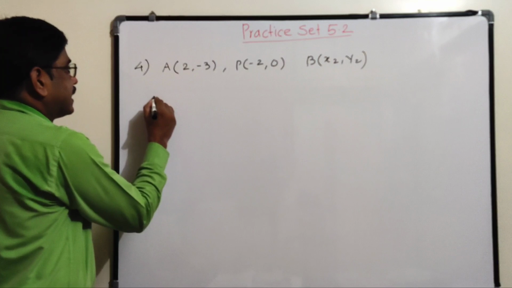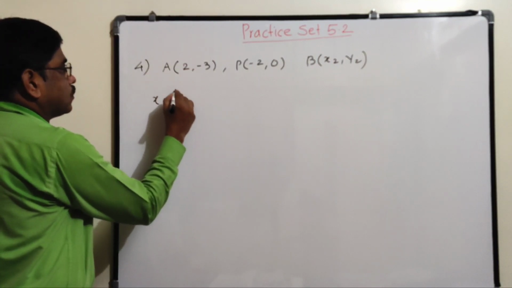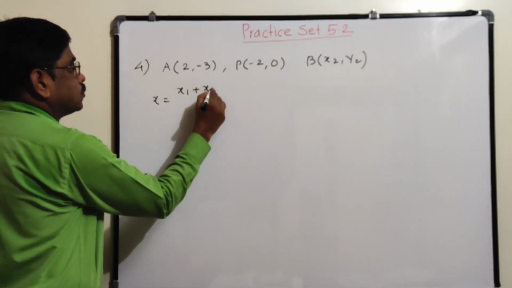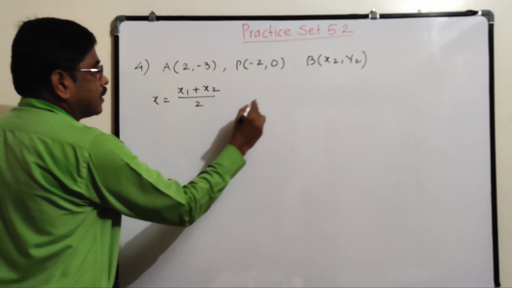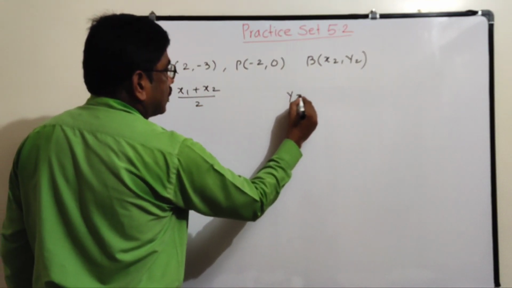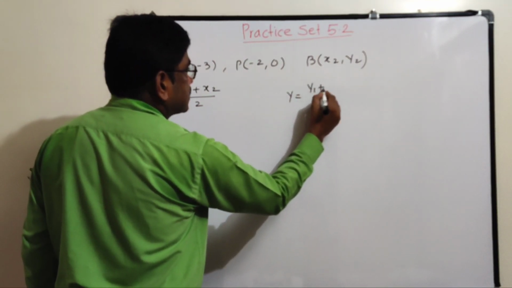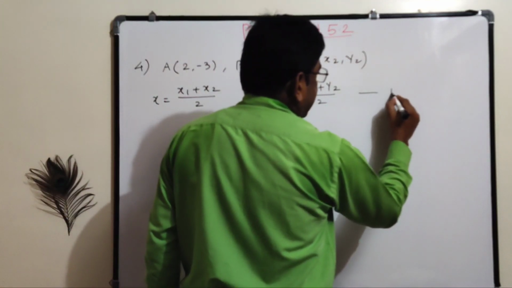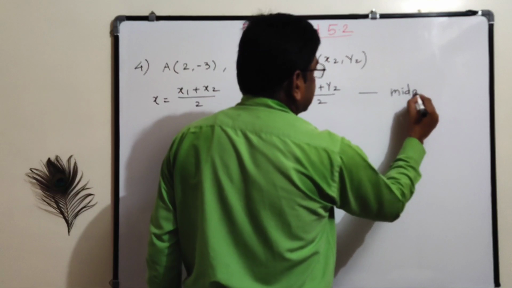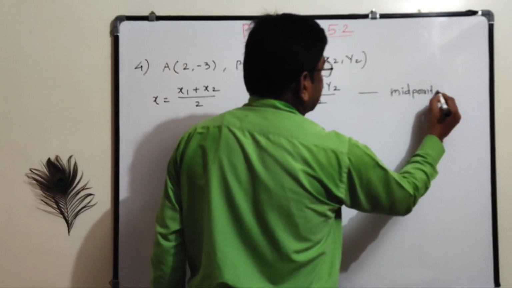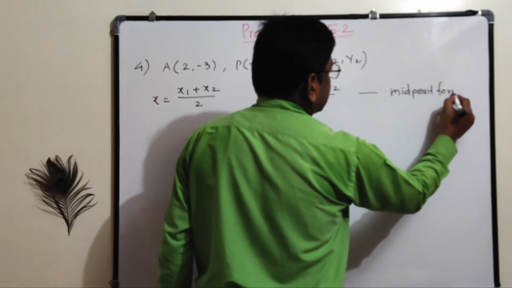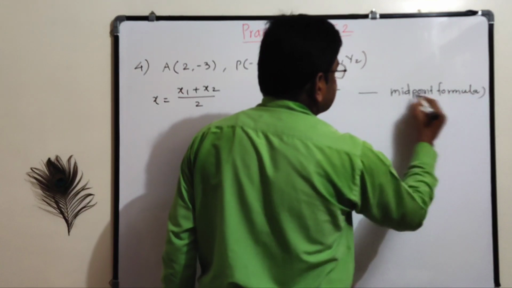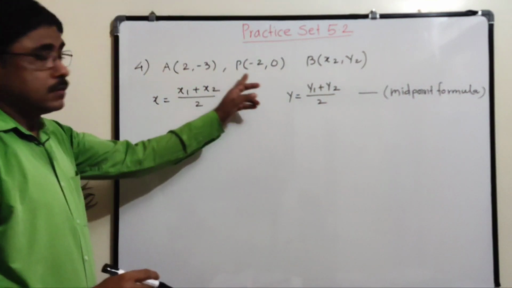So x coordinate is equal to (x1 plus x2) divided by 2 and y coordinate is equal to (y1 plus y2) divided by 2 by midpoint formula, because the center is the midpoint of the diameter. AB is the diameter and P is the center.